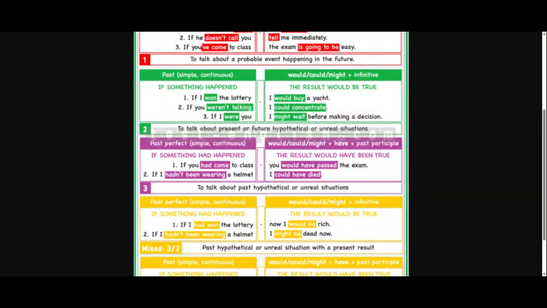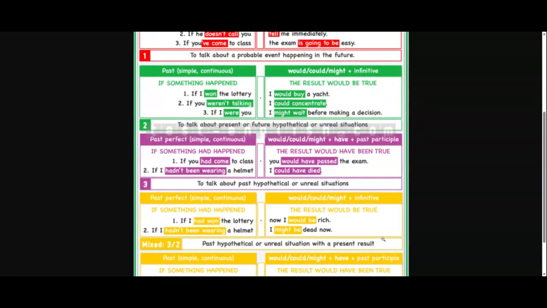But I did wear the helmet, and I didn't die because I wore the helmet. Ajá. Lo que sí sucedió es que yo utilicé el casco y por lo tanto no morí, ¿vale? Eso es lo que ya no se puede cambiar en el pasado.